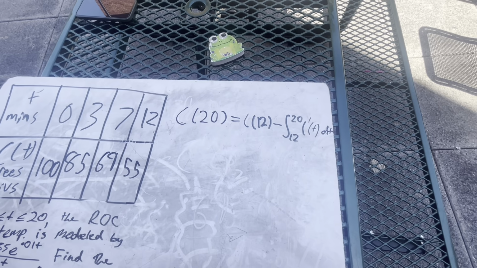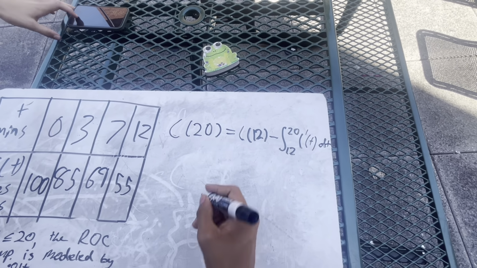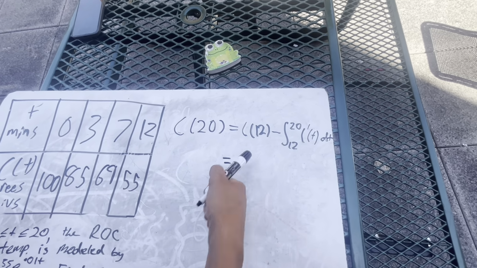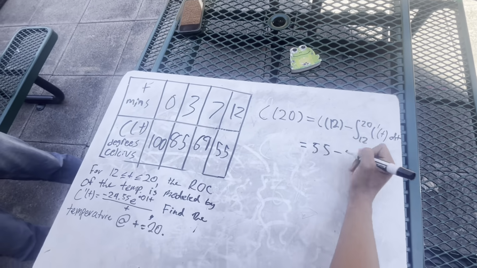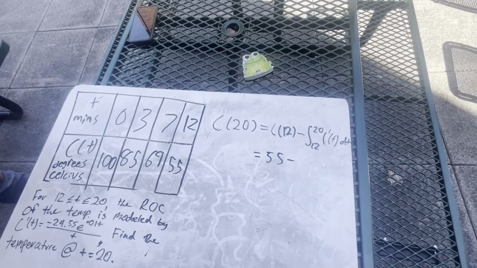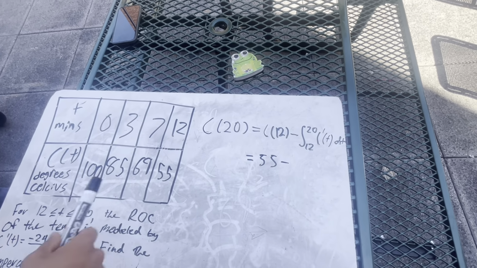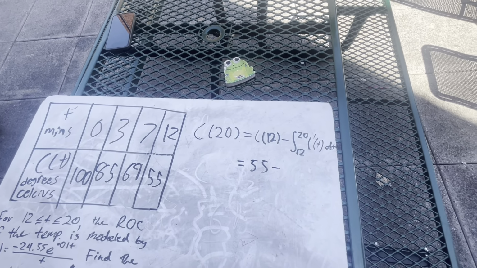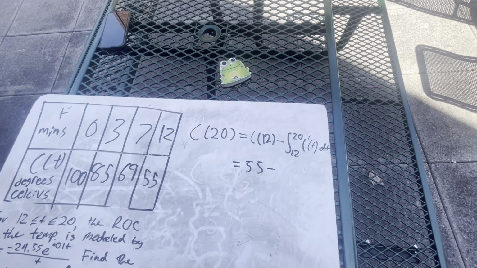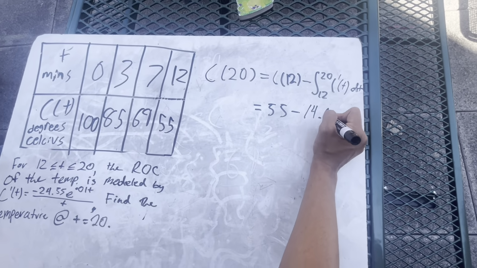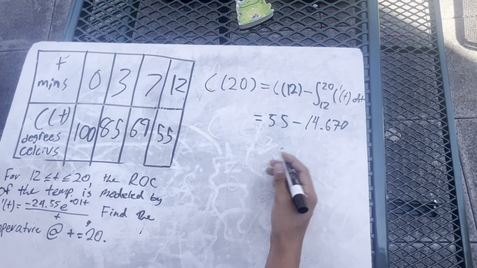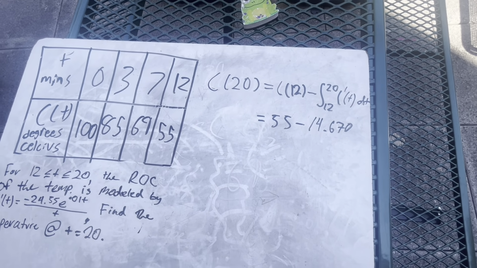Sorry for the squeeze-in-ness of this. We've already plugged this into a calculator in advance, and that integral turns out to be negative 14.670, and once you do the math, you have your answer. Thank you very much.